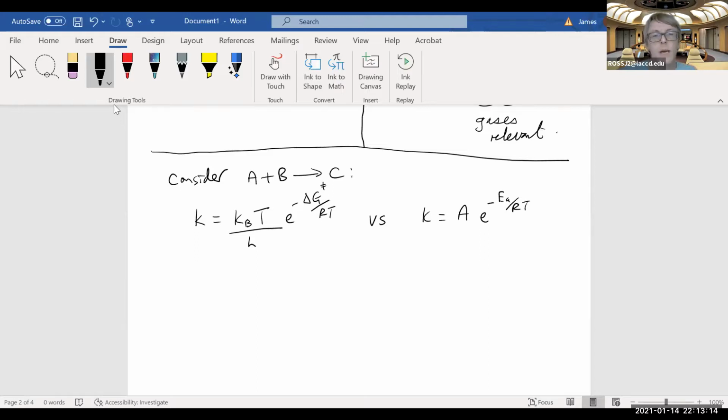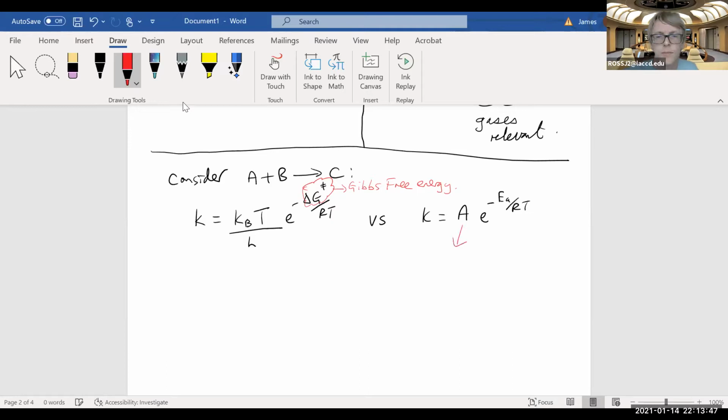Okay, so Gibbs free energy is a type of energy. So this is Gibbs free energy of the transition state. We can see the double dagger here. We'll worry a bit more about Gibbs free energy when we look at thermodynamics. But for now, let's just say it's a type of energy. So that's what they both have in common, an energy, an exponential decay.